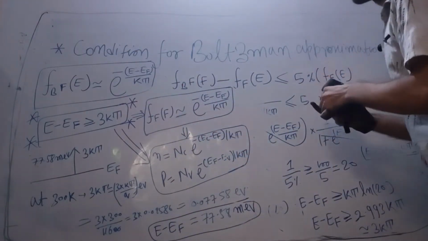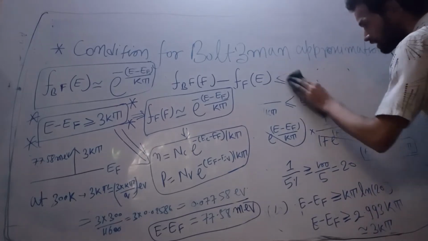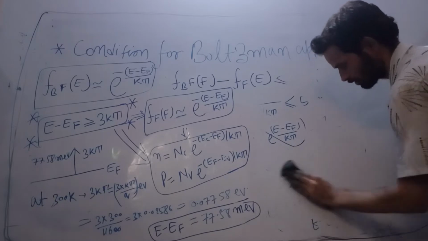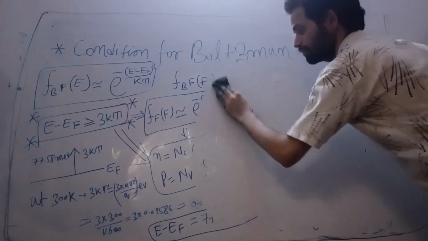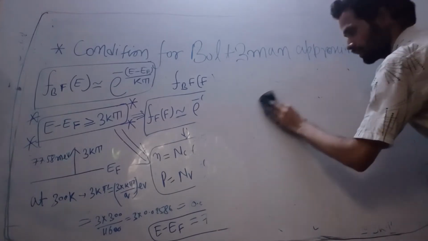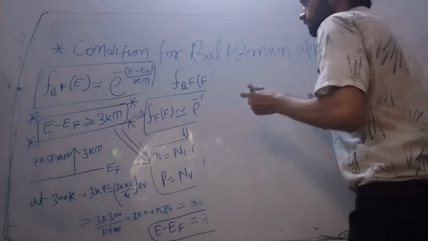Then we have to go for the Fermi-Dirac distribution function in order to calculate the charge carrier concentration.